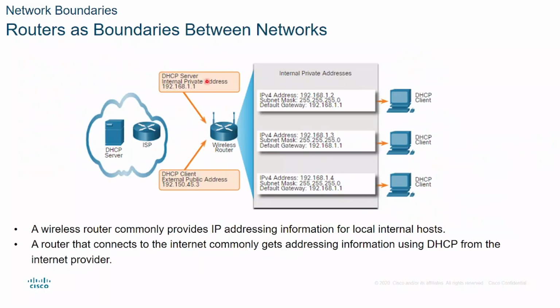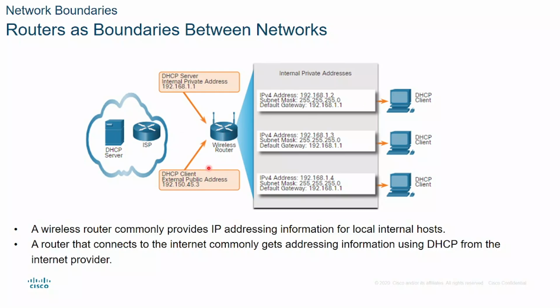Routers can serve as boundaries between networks. You can see here we have different DHCP clients connected to the router. The router is separating these clients or host machines on its network from the main internet.